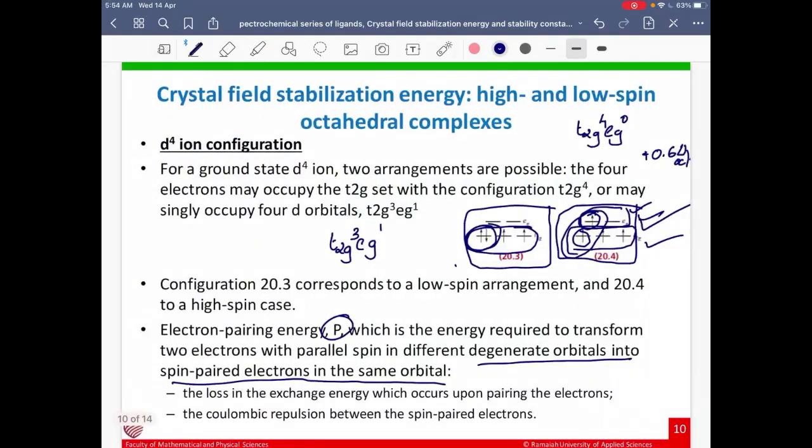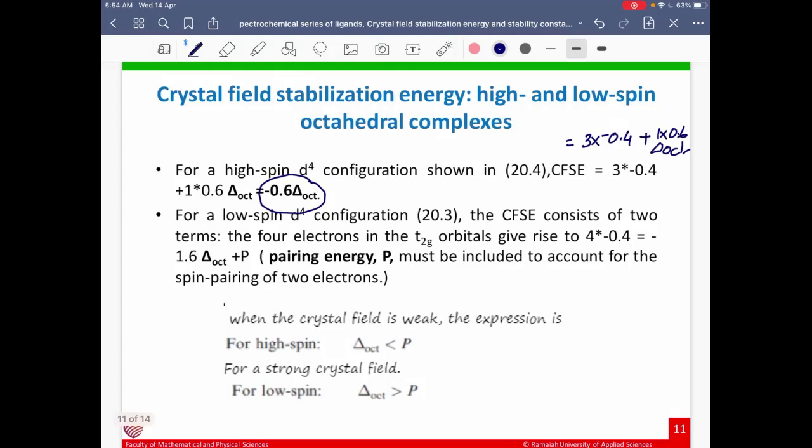Now consider a low spin configuration, where the electronic configuration is t2g4. Then the crystal field stabilization energy is 4 into minus 0.4, all in t2g, that is minus 1.6 delta octahedral, along with the pairing energy.